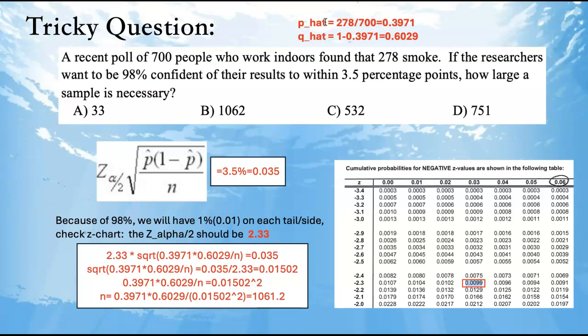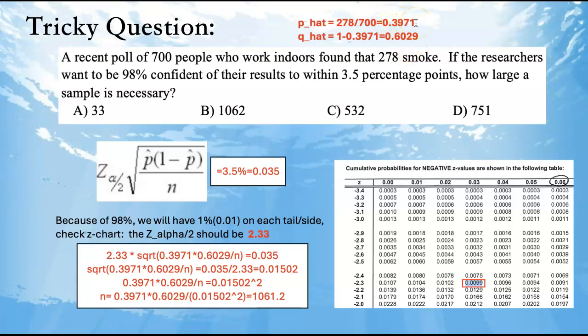Next time, whenever you see hat, that reminds you this must be coming from some sample estimation. So p hat is usually something out of something. Most of the time you see x out of n. So 278 out of 700 gives us 0.3971.